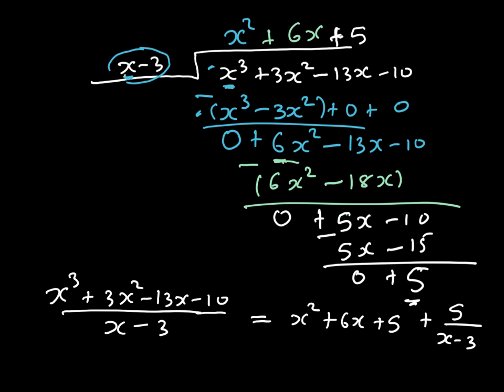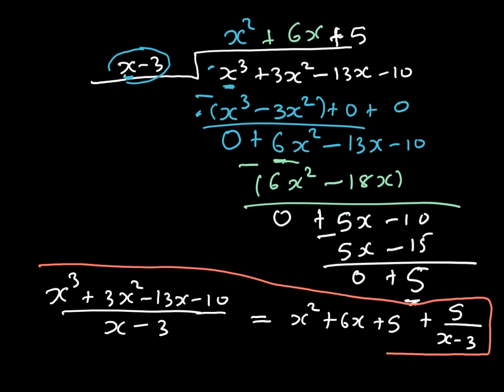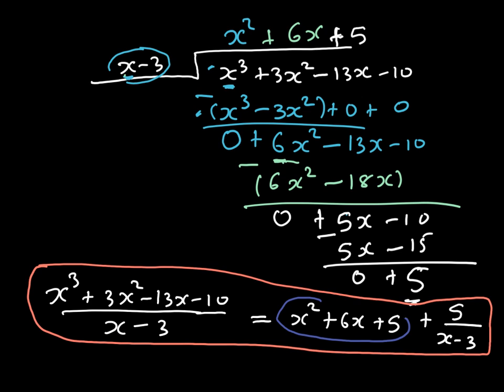Now, this step is what we have been talking about as the remainder theorem. When you carry out the long division, you will always get the remainder coming out. This is what we have been calling G of x. G of x is a polynomial of degree 1 less than that of f of x.